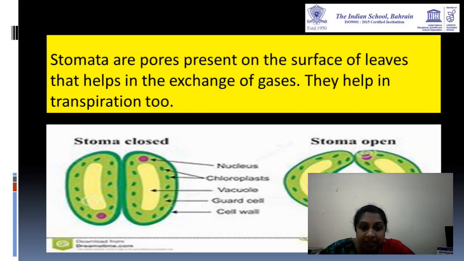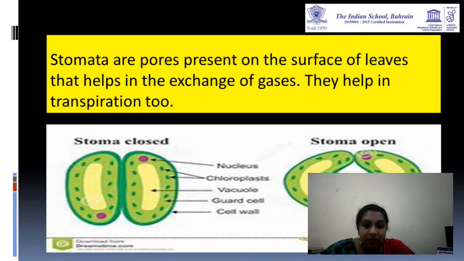In this slide, we can see the pictures of the closed stoma and the open stoma. In the first picture, the stoma is closed. It means the guard cells are shrunk. In the second picture, you can see the stoma open because the guard cells are swollen because the water is in.